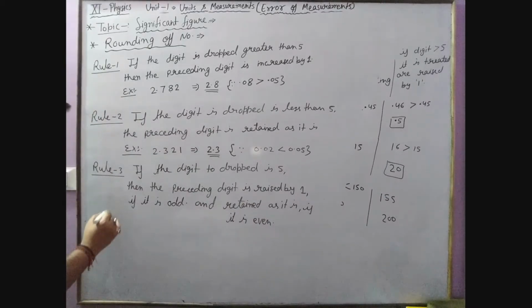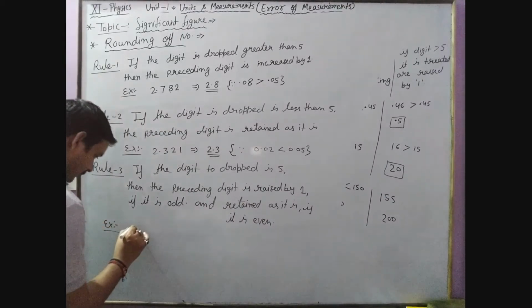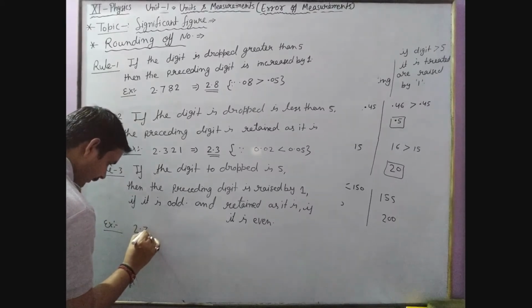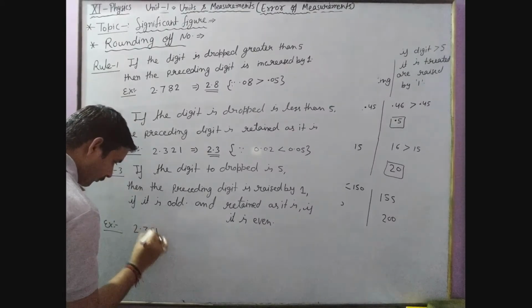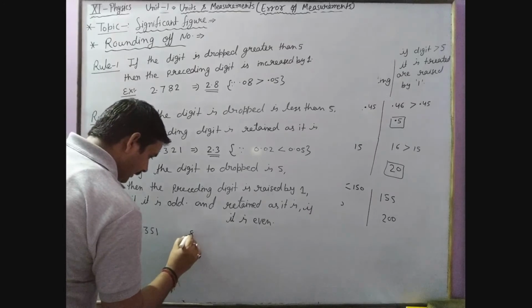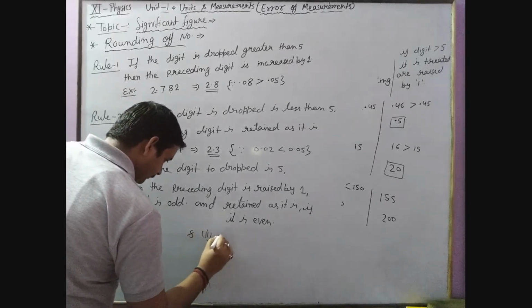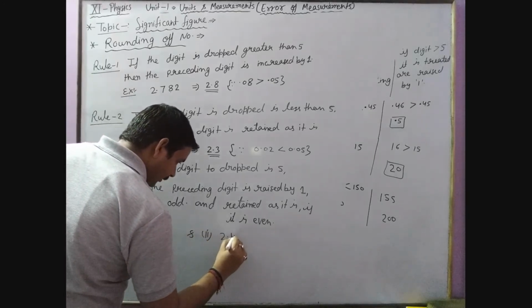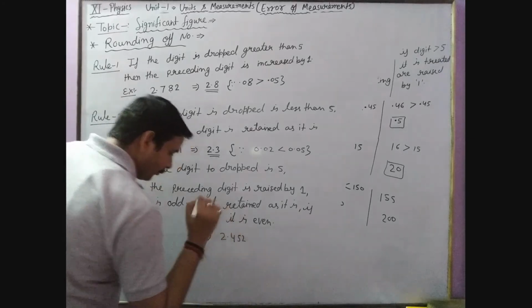Okay, for example, we have two digits 2.351, and another example 2.452.